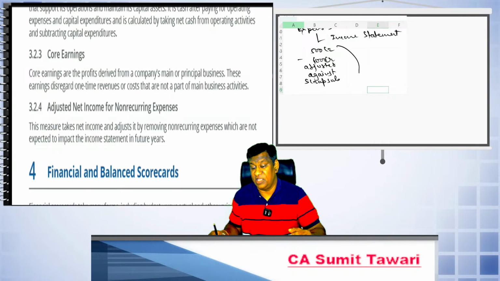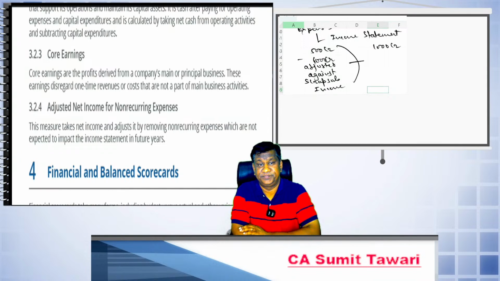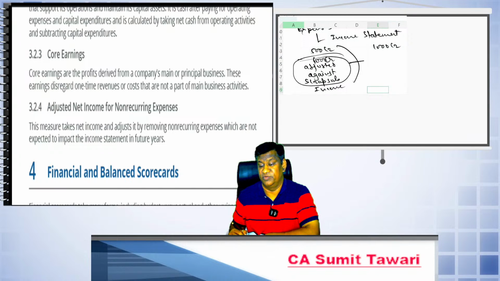So the entire 500 crore revenue is my income. Is it possible to have the same income at the 1000 crore level? It is not possible, because this is a one-time effect. This scrap I received, or I'm going to change my production line, so this is one-time income.